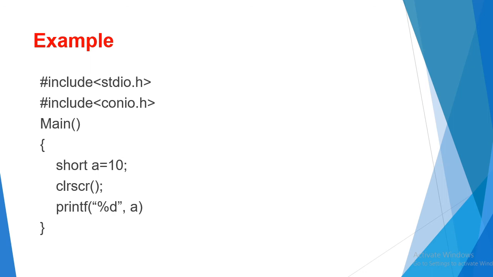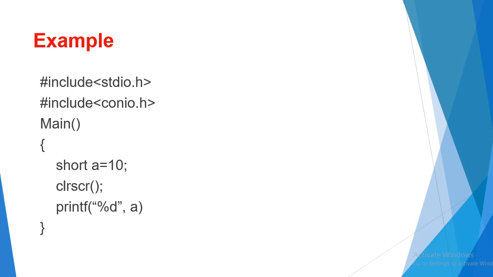That's why I wrote percentage d, because it is a format specifier; I want the value in integer form. Afterwards I gave a comma and wrote the name of the variable, that is a. I forgot to write a semicolon here; in front of the printf function, a semicolon is there.